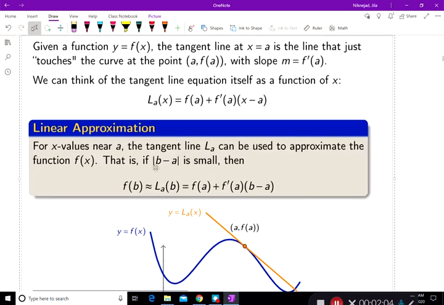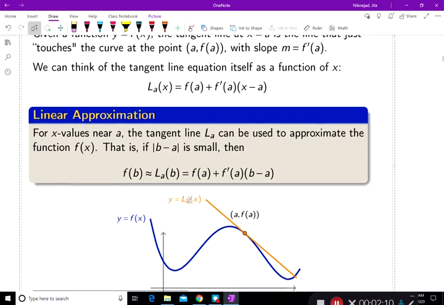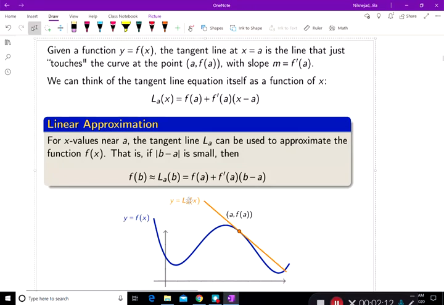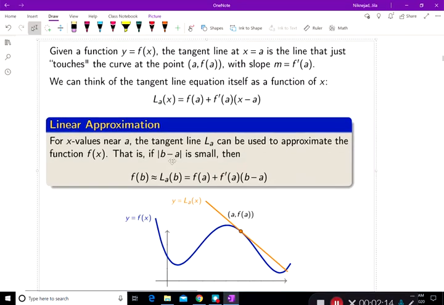Basically, if the distance of the point b from the point a is small, then plugging b into the original function gives you a value very close to plugging it into the tangent line. Look at this picture.